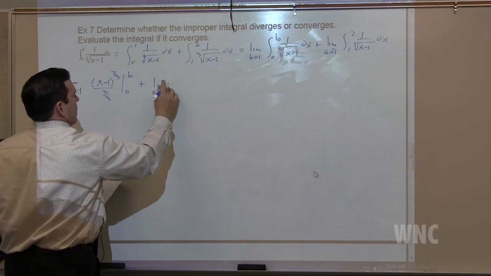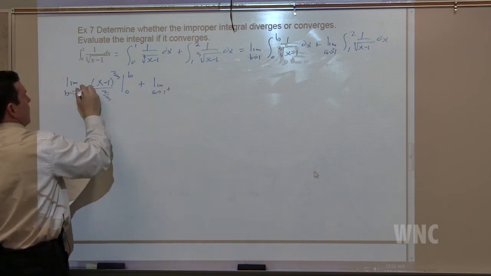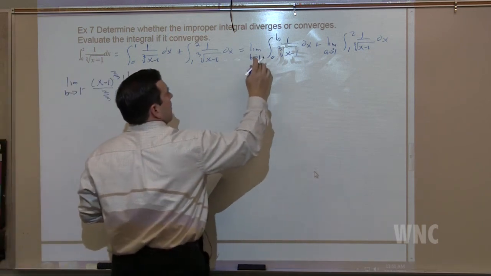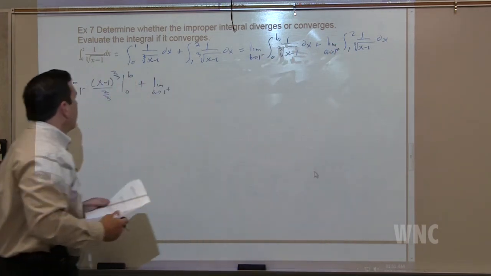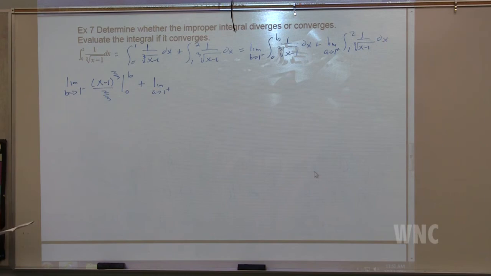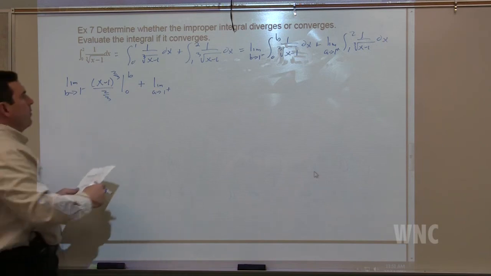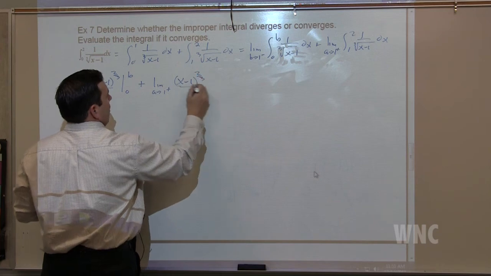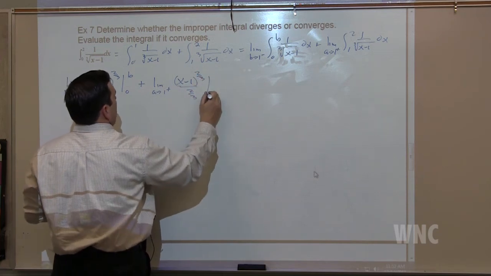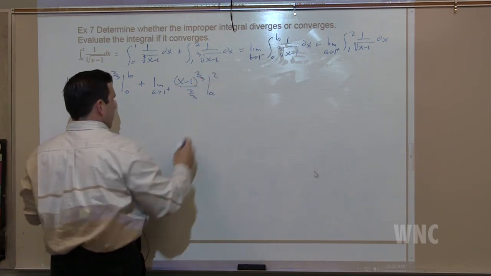Maybe those pluses are on the wrong side. There and there. Of x minus 1 to the 2/3 over 2/3 from a to 2.